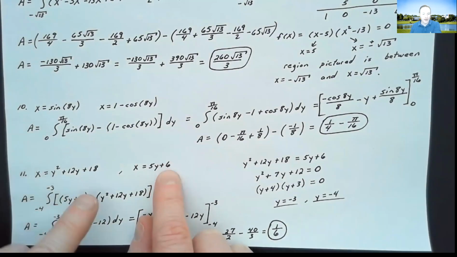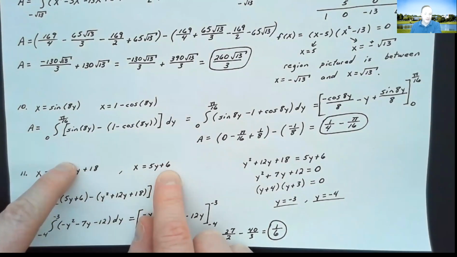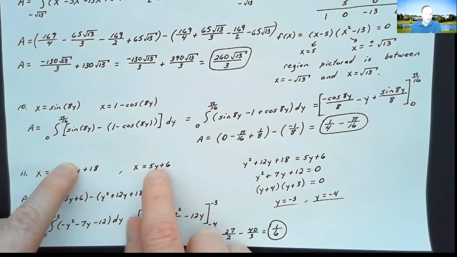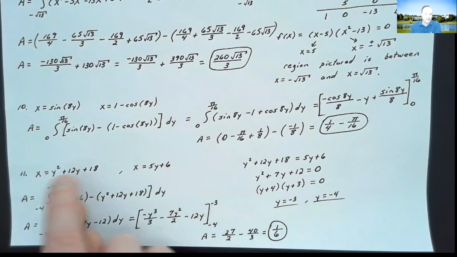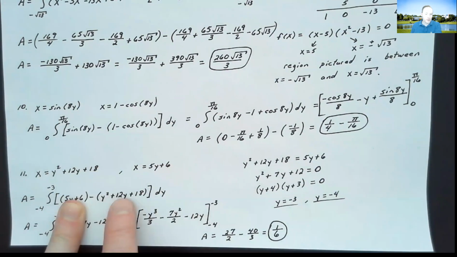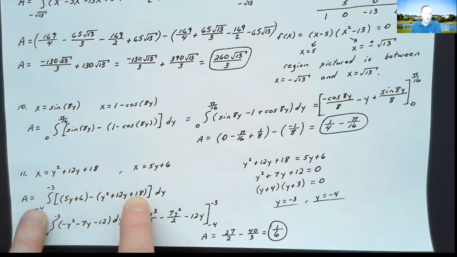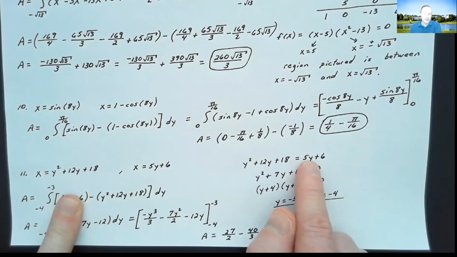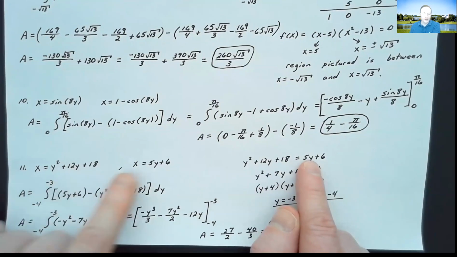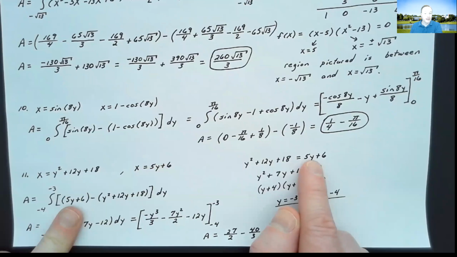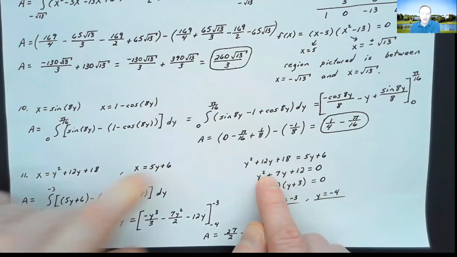So I can say, well, it's the right minus the left, and I need to put this in terms of y. So 5y plus 6 minus y squared plus 12y plus 18. Right minus left. And this has to be from where the region starts to where the region ends. So you'll see I had to do that over here. I set one curve equal to the other curve and tried to solve for the values of y that satisfied this.